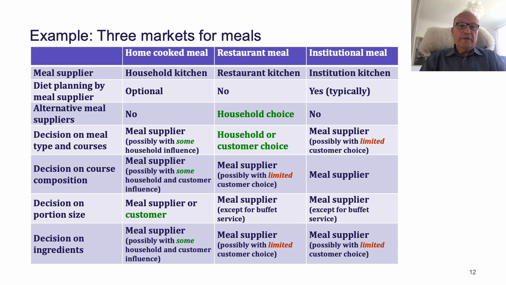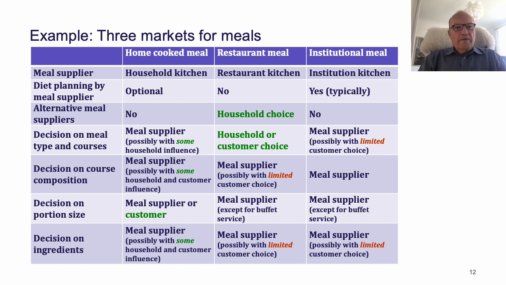These are very different in terms of who actually supplies the meals, but also in terms of the options that you have for diet planning, which is not really possible in a restaurant where the customers change from day to day. But in an institutional kitchen, this will be a core issue of meal planning, that you actually look at the diet of the people who will receive this meal over the time.